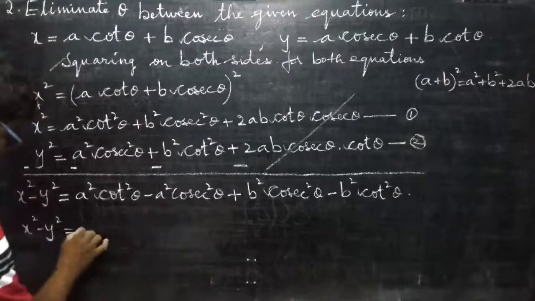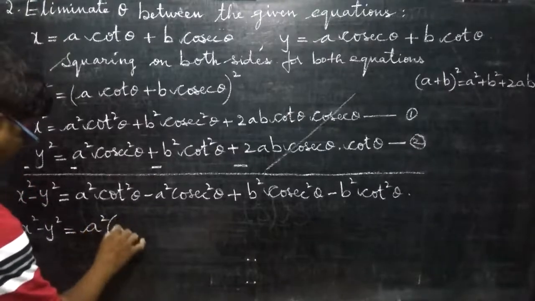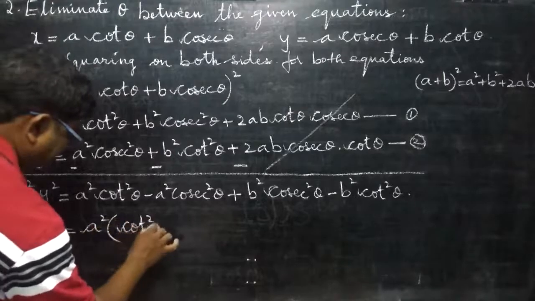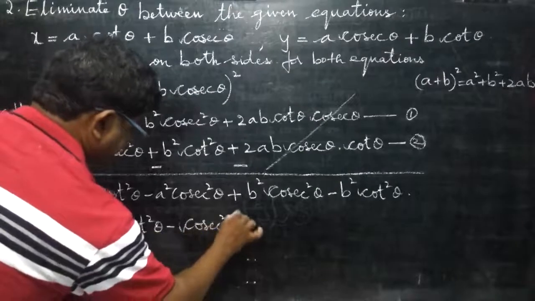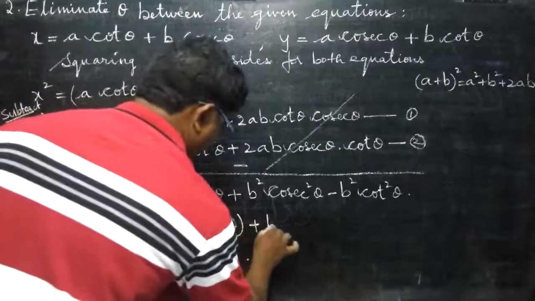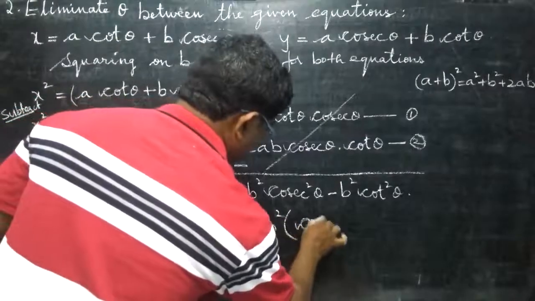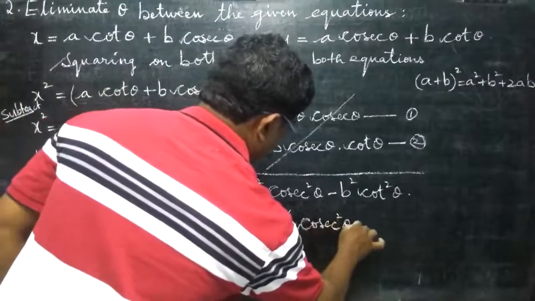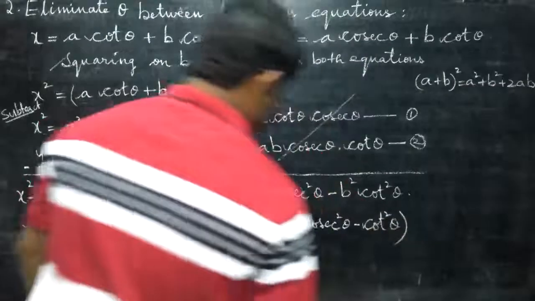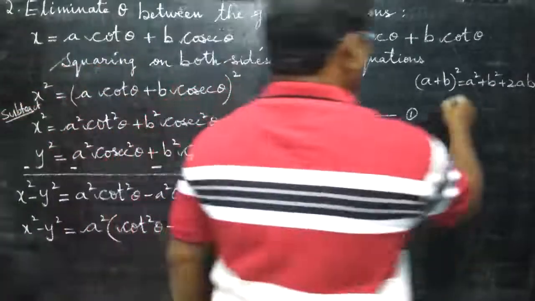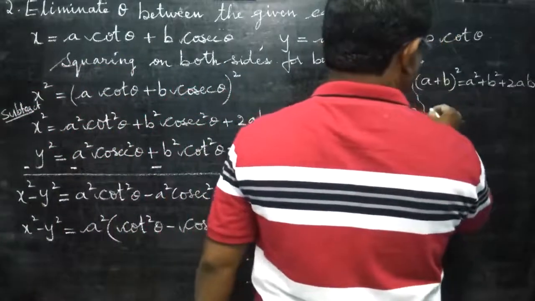Take a square common. Cot square theta minus cosec square theta will be in the bracket, plus b square common, cosec square theta minus cot square theta will be in the bracket. Now we know the identities.